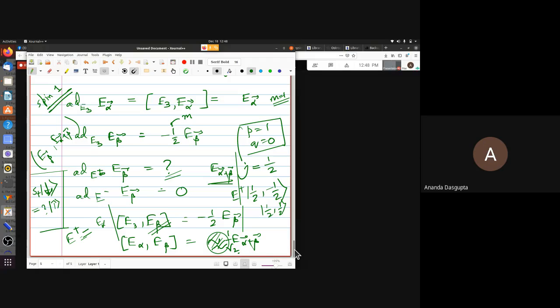And next day we'll start by first showing you how to write down the entire SU3 algebra starting from these considerations. And then we will tackle the more complicated one, G2. I will not write down all the commutation relations of G2 because that's going to be a long thing. But the basic idea is pretty straightforward.